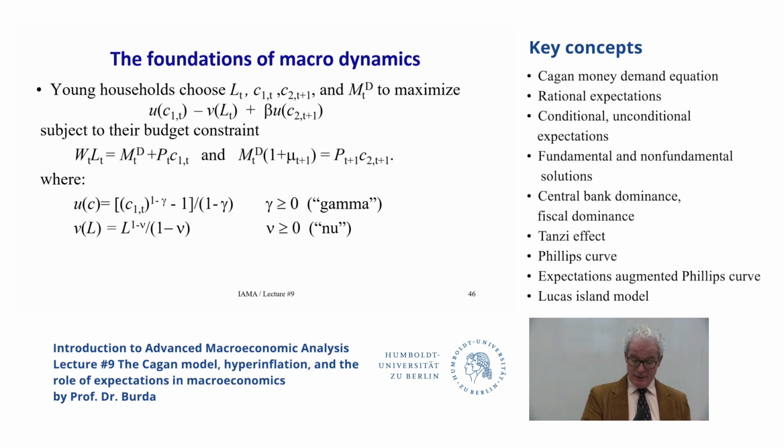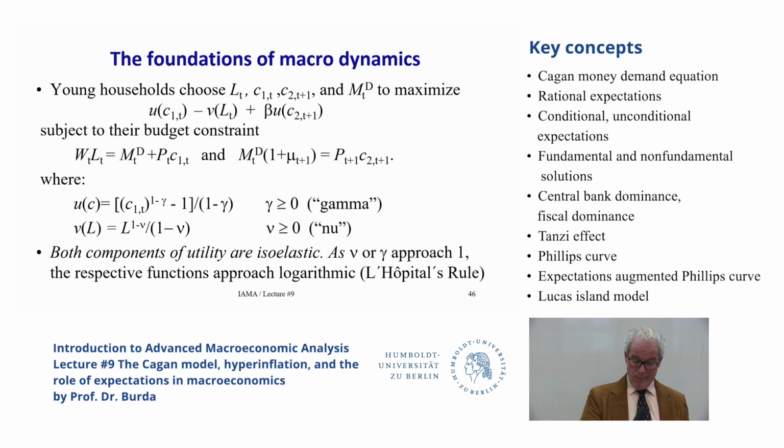If they take the value 0, then it's a linear form, and if we're close to 1, then we have the isoelastic form that's logarithmic. In general, this is called the isoelastic specification for utility, because if you take the elasticity, gamma and nu are respectively the elasticities of utility with respect to the arguments C and L.